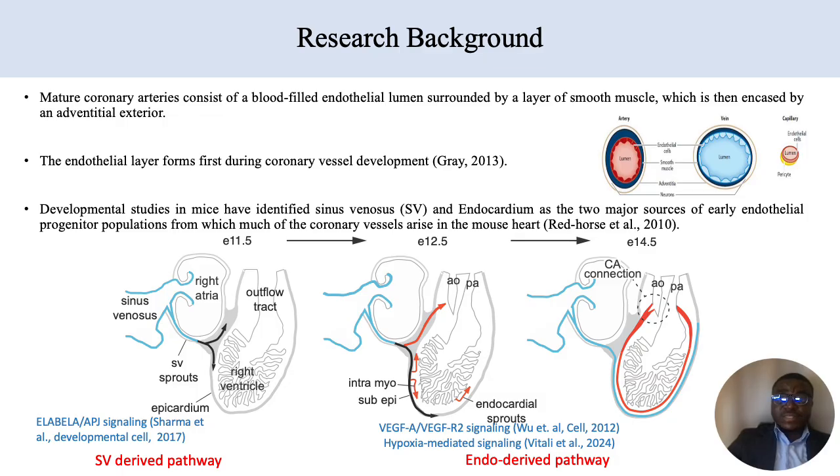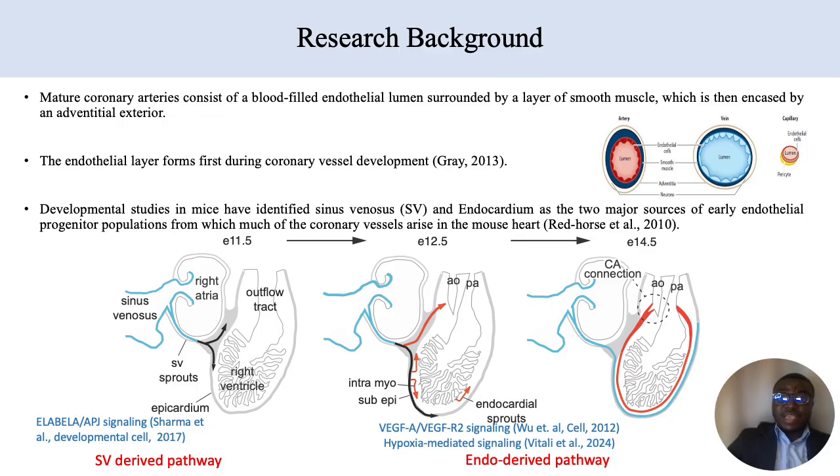Sinus venosus derived endothelial progenitor cells migrate over the heart surface and into the subepicardial space. These cells express the APJ receptor and respond to the epicardial ligand, Apelin, which acts as a chemoattractant, guiding their movement into the myocardium as the heart grows.